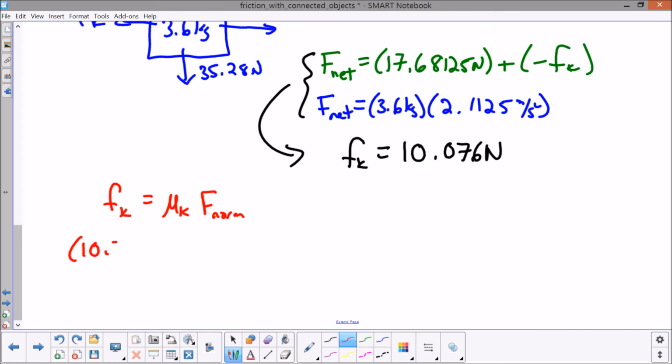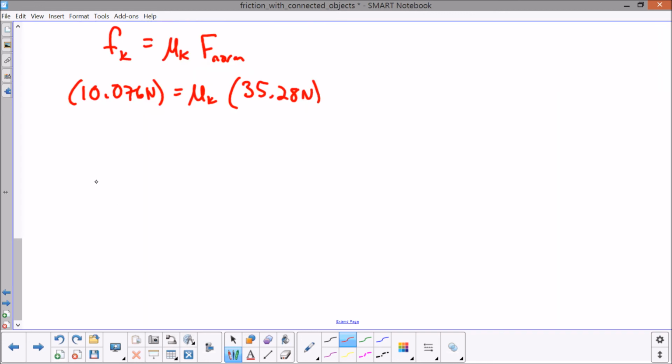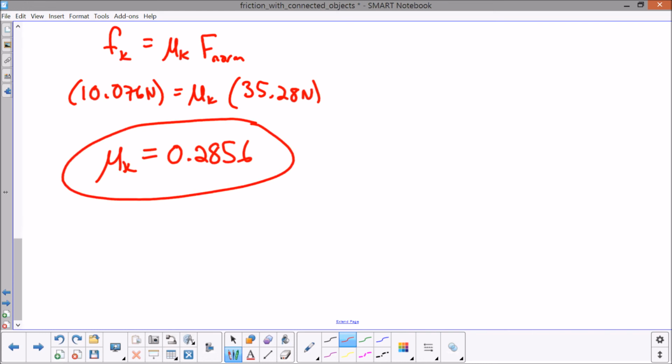So we have 10.076 newtons equals the coefficient of kinetic friction times 35.28 newtons. And that gives us that the coefficient of kinetic friction between the sliding block and the table is 0.2856. And again, the coefficient of friction is a unitless quantity.